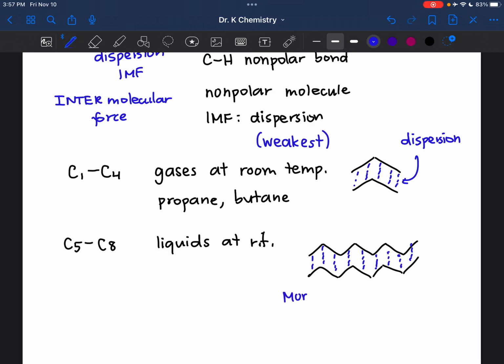So this has more dispersion forces, which means it has a higher melting point and a higher boiling point.